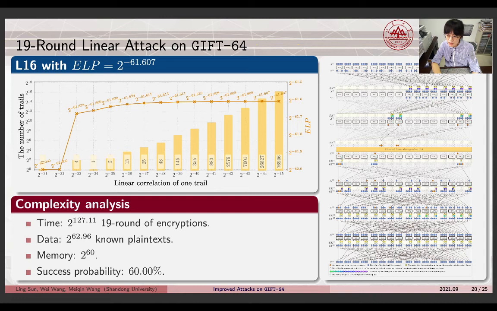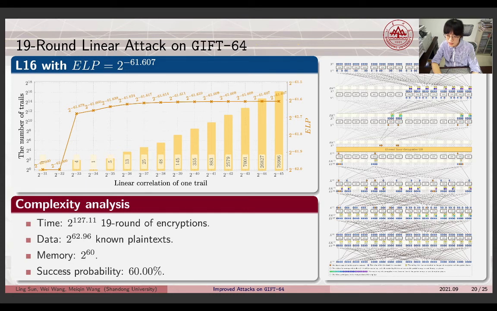The ELP of the linear approximation is still 2^-61.607. In the attack, we append 3 and 4 rounds before and after the linear distinguisher respectively.